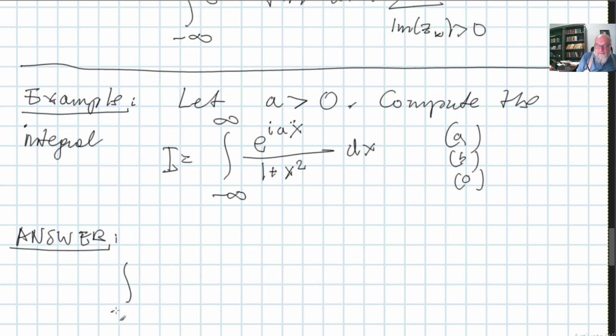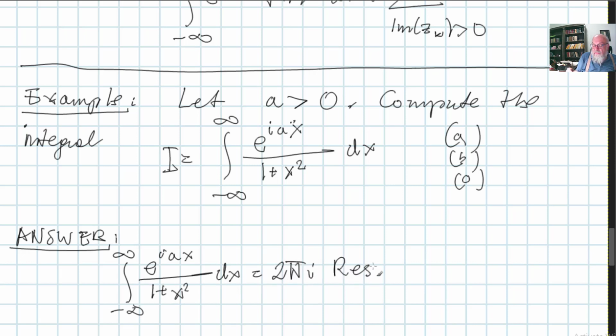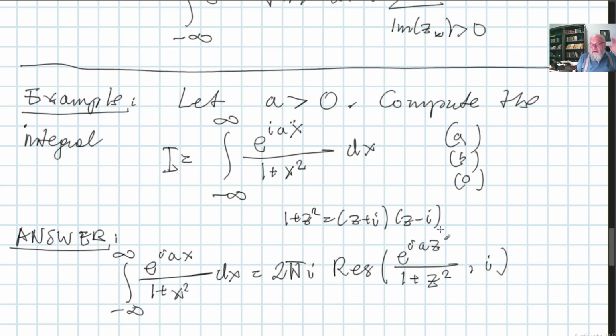We can write it down that this integral of e to the i a x over 1 plus x squared dx is equal to pi i times the residue of the function e to the i a z divided by 1 plus z squared at the point i, as 1 plus z squared is equal to z plus i times z minus i, and that's almost the answer.